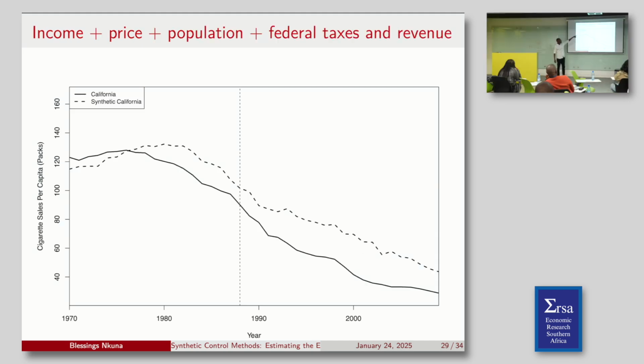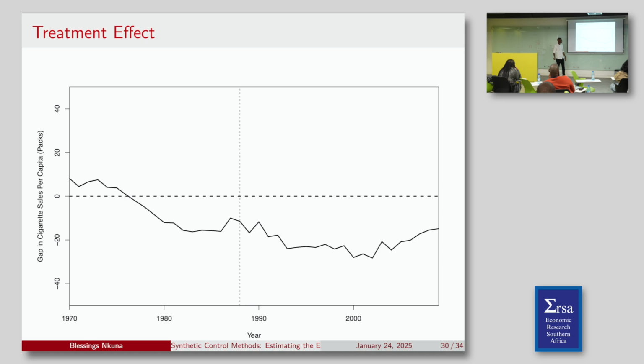Then I added the federal taxes and revenues. Still not quite there. And the effect has moved just a bit lower than 20, I'd say. It does get a bit to 30, but not as quickly as the other graph does. So the more controls we have, the better the model.